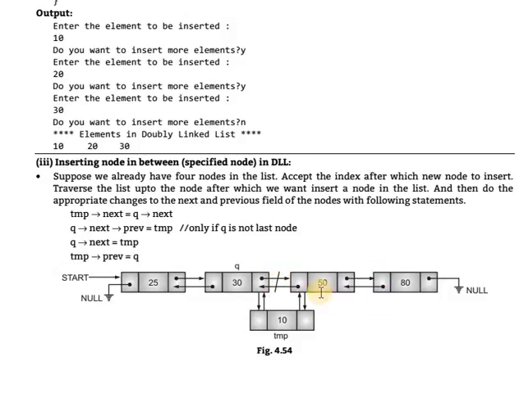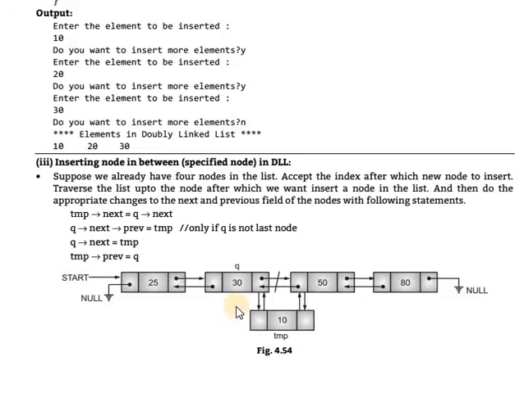It means q is not the last node. Again, temp is assigned to q's next. For example, this is q, the 30 element, and the next element is the 50 element. Again q is assigned to temp's previous.